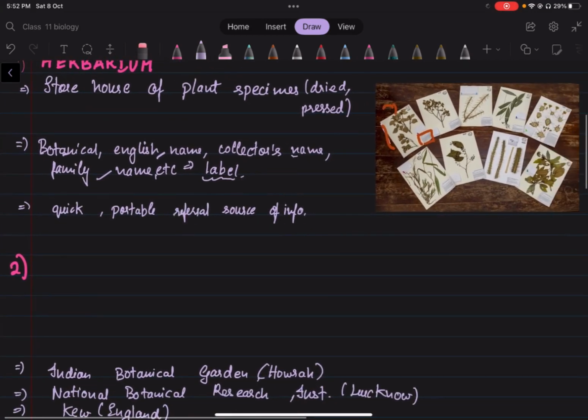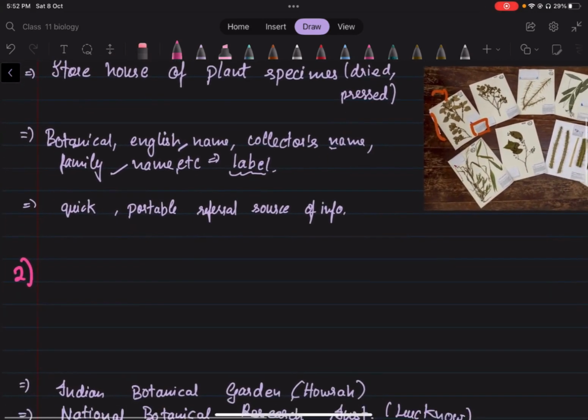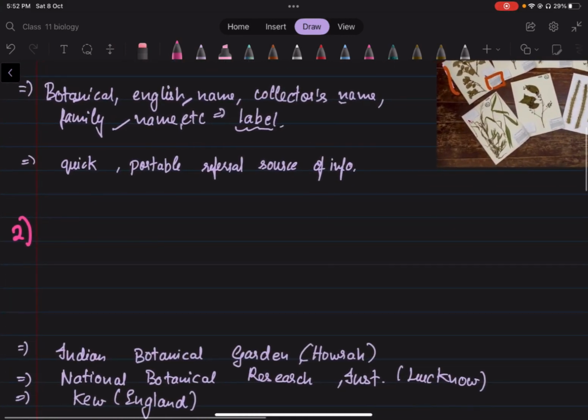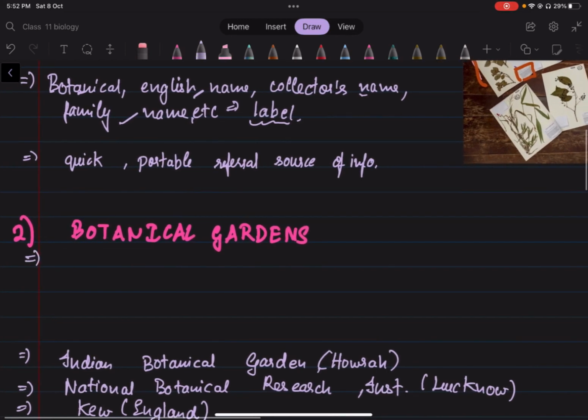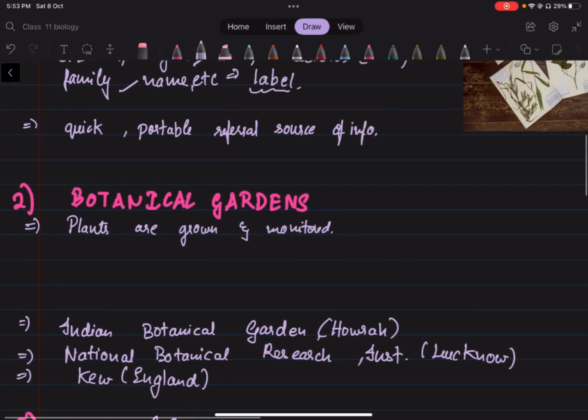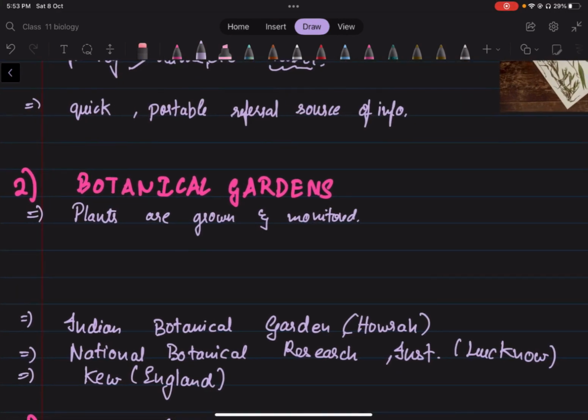Now, coming to our second taxonomical aid, that is botanical gardens. Many of us would have visited botanical gardens, right? We have seen how they grow the plants there, and they put the plants for display and show, right? The plants are grown and monitored here, and sometimes they're also put on show.